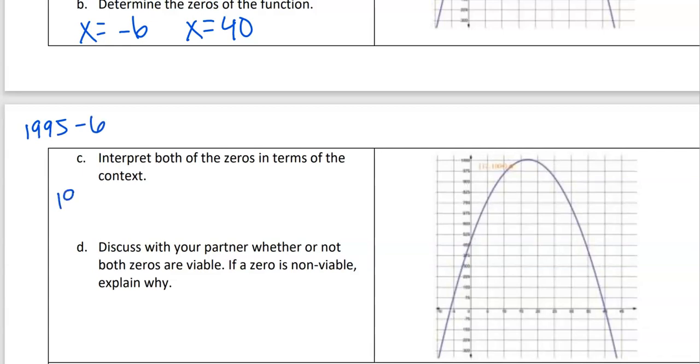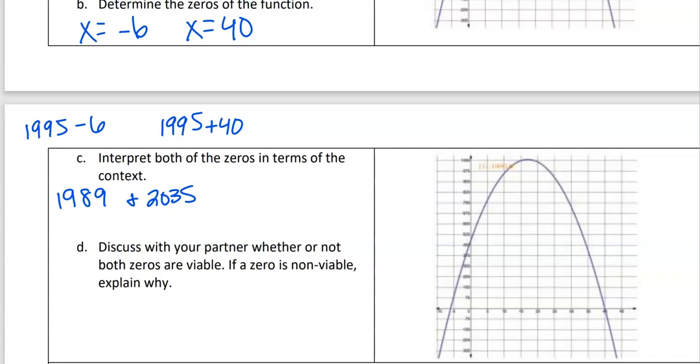That gives me 1989. And what's the other year we're looking at? 2035. So x equals negative 6 is showing 6 years before the study started. X equals 40 is showing 40 years after.